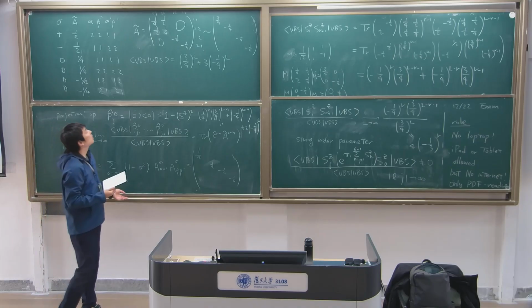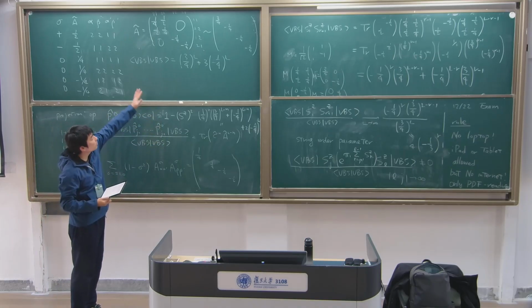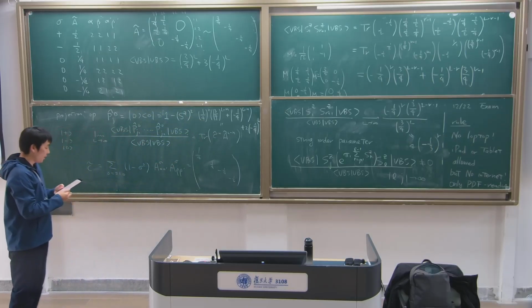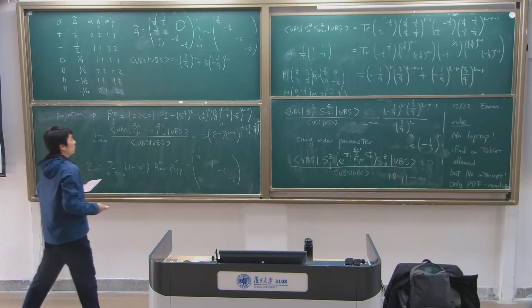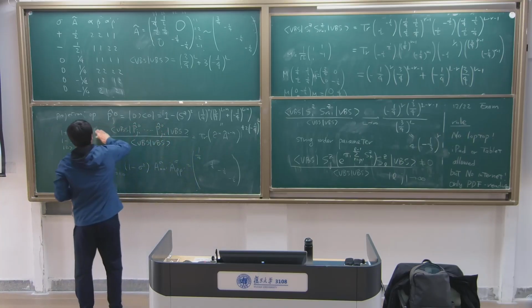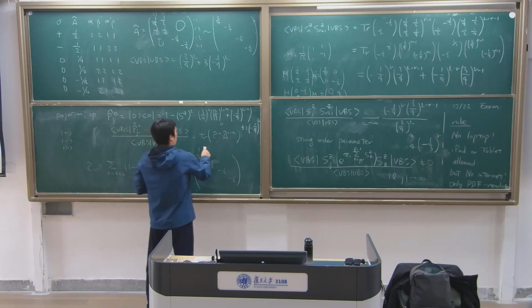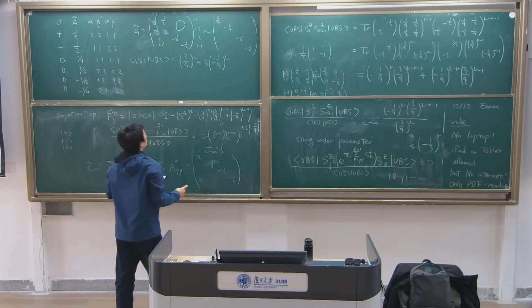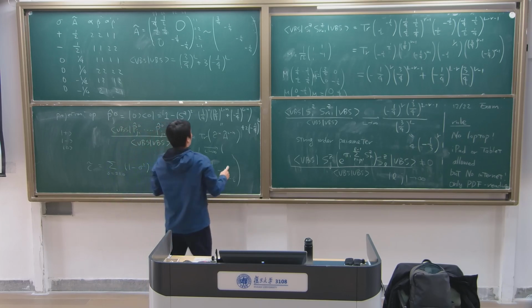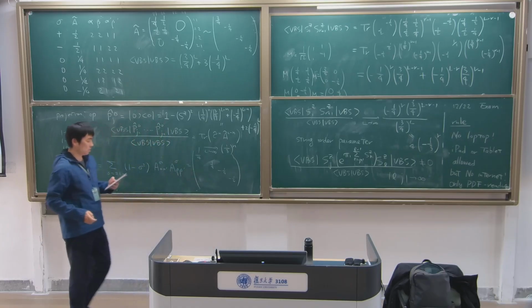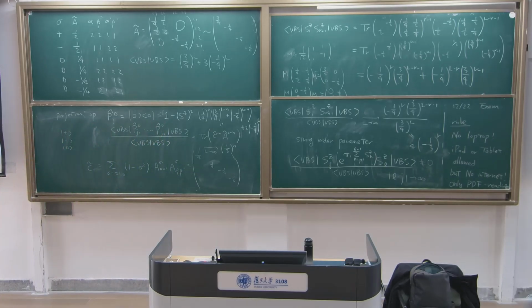That's it. Then you can just take a ratio. You can take this one and take L to infinity. When L goes to infinity, you get 1 over 3.